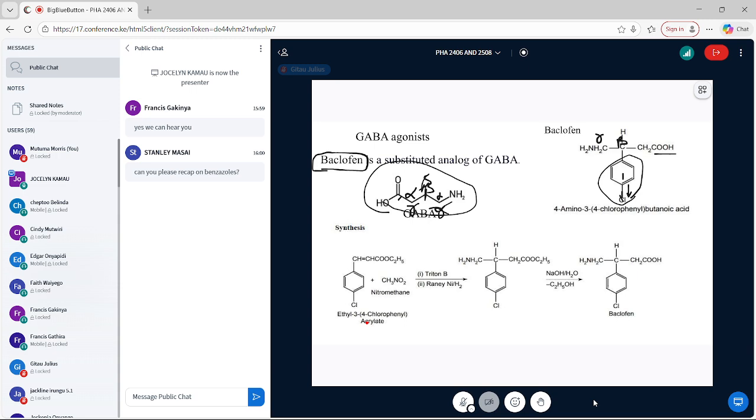3, 4 chlorophenyl, doing condensation with nitromethane. Nitromethane, we are using Triton B. Triton B is an organic base.